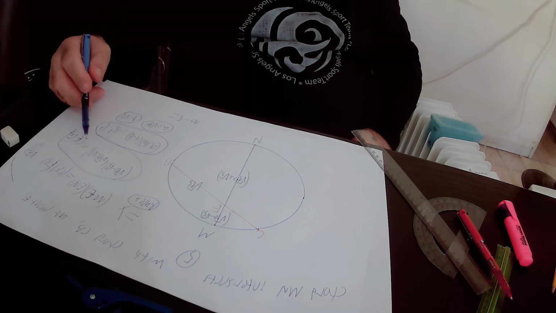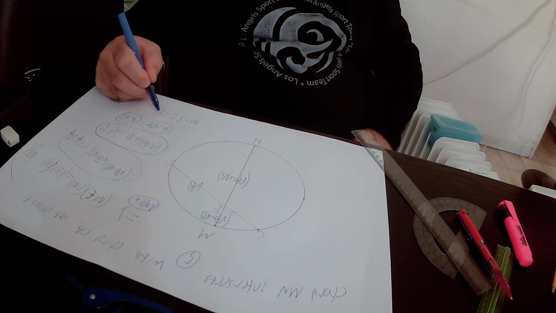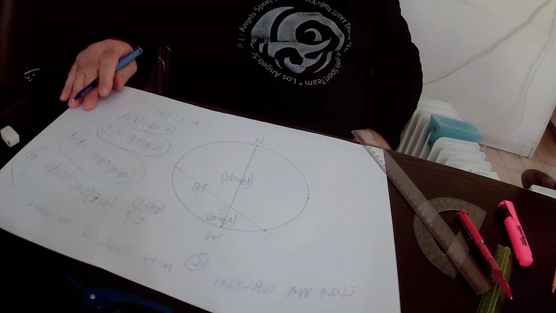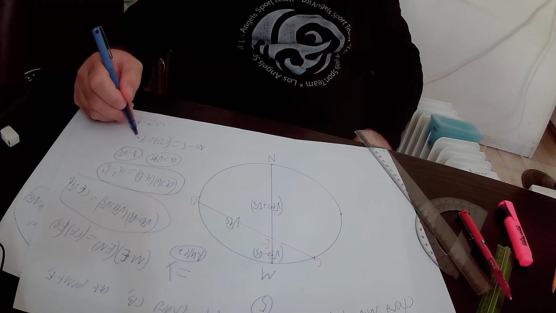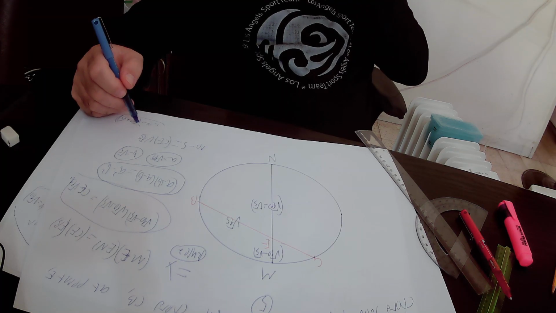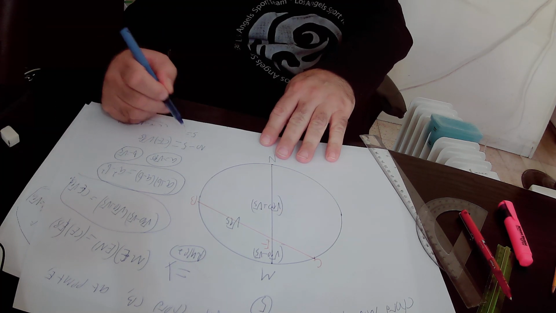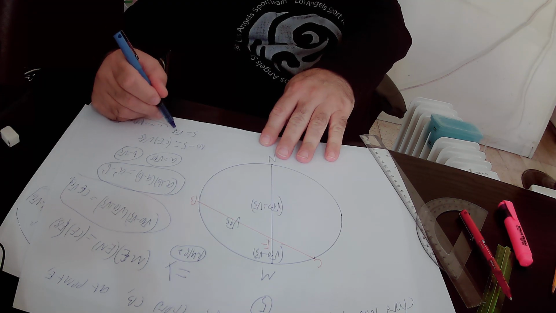And here it equals CE, the missing line segment, times square root of 15. 10 minus 5 is 5, equals square root of 15 times CE.